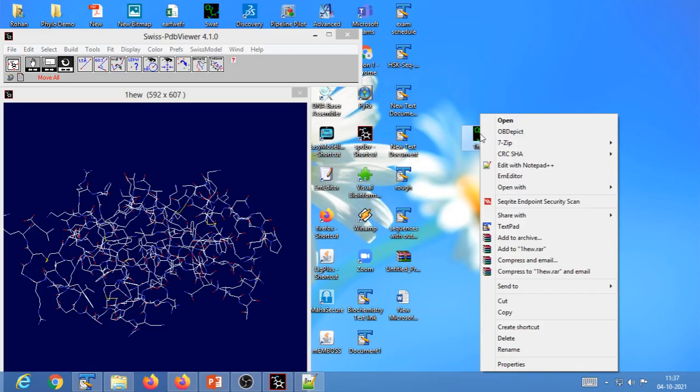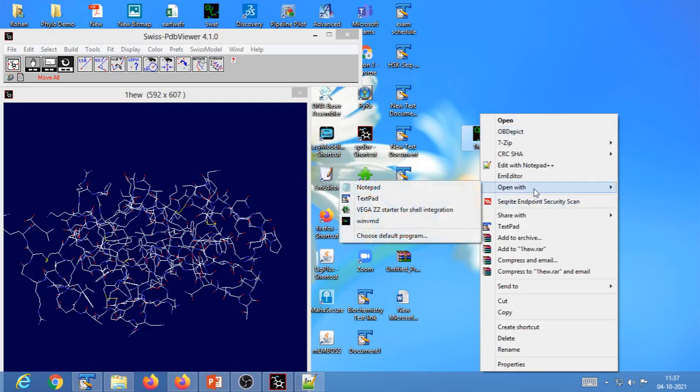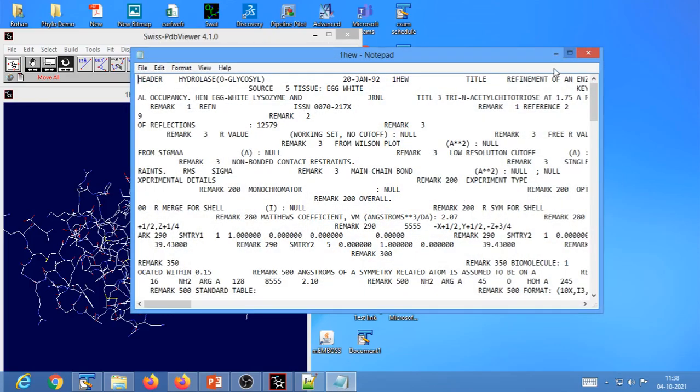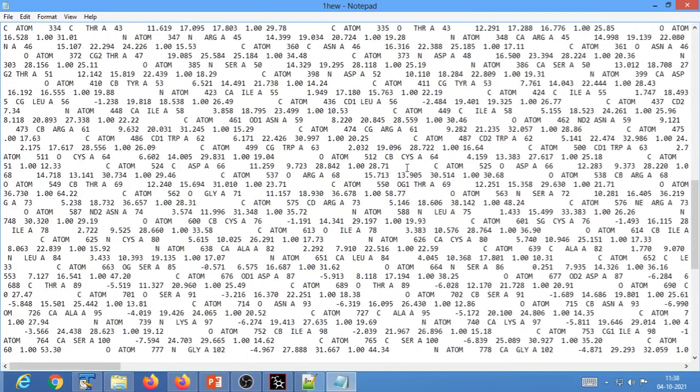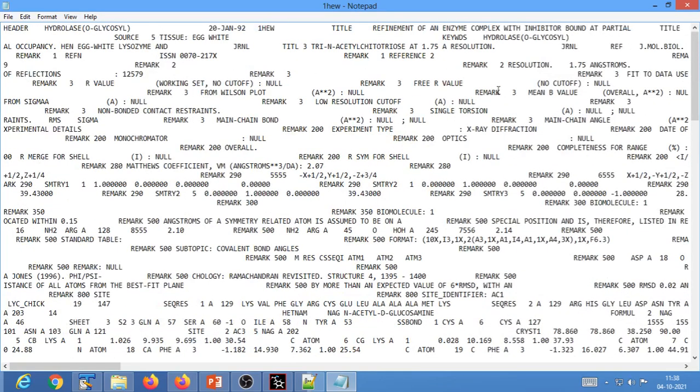Okay, now to answer this, let us try to open it using your Notepad and see how things would appear. So this is how things would appear when you try to open that PDB file in your Notepad, and it looks quite chaotic. You won't be able to understand what is exactly written in your PDB file.